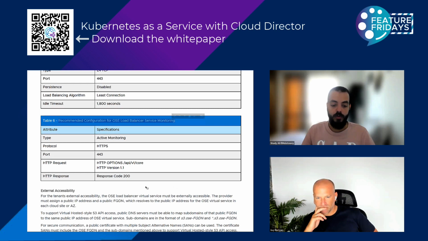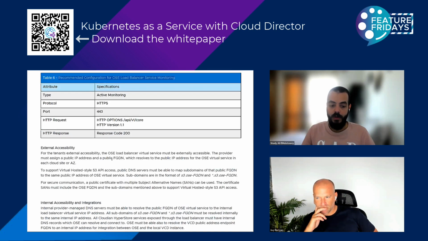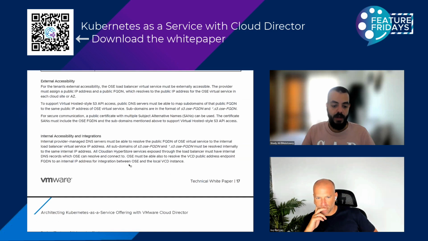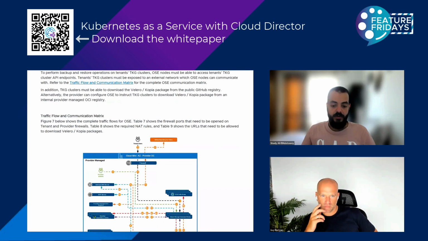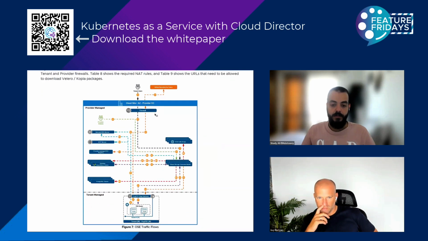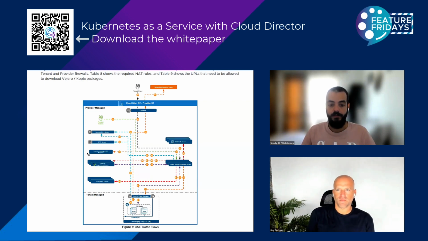The other thing I want to show is the traffic flow and communication metrics for OSE: how OSE deals with every aspect of the environment, especially how OSE pulls the backup traffic from the Kubernetes cluster and how it pushes the backup traffic in case of restore.